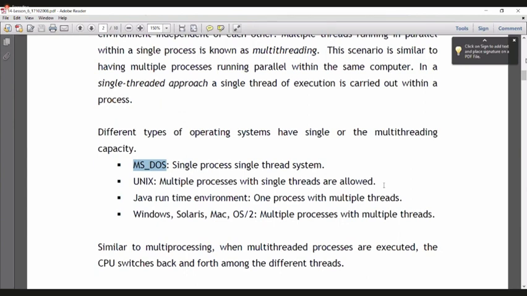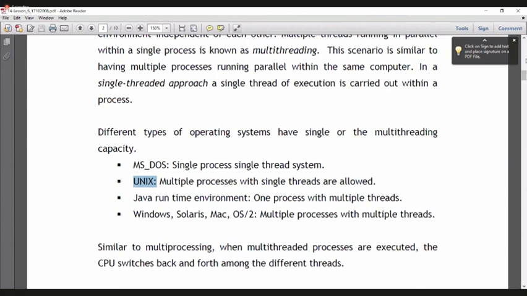Then the Unix operating system allows multiple processes, not a single process.